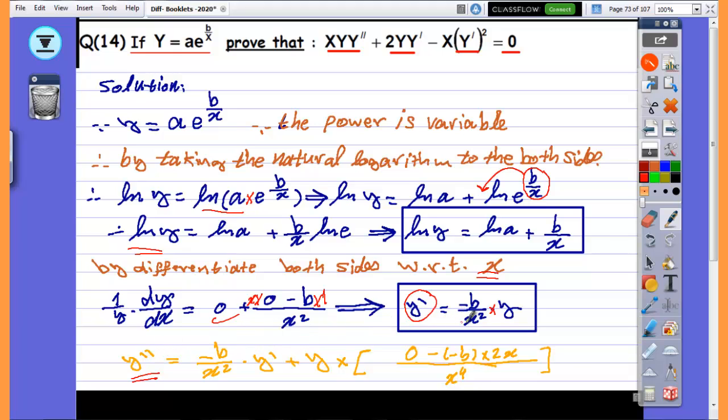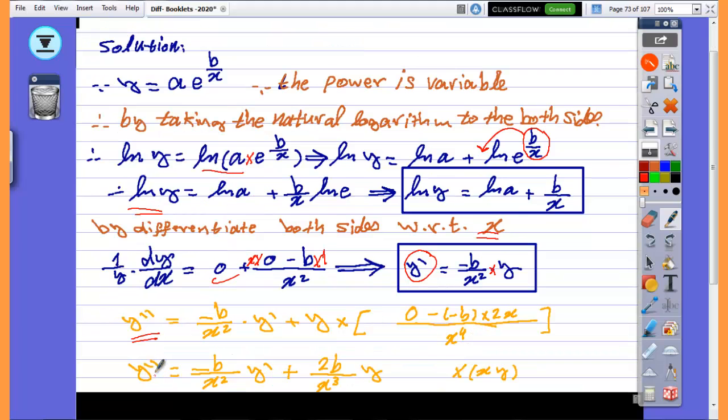Here we have the product of two functions. So the first multiplied by the derivative of the second, negative b over x square multiplied by y dash, plus the second function multiplied by the derivative of the first. The derivative of negative b over x square is 0 minus negative b multiplied by 2x over x to the fourth.